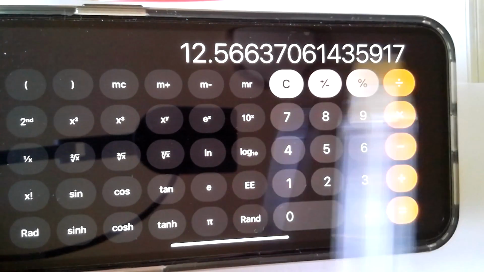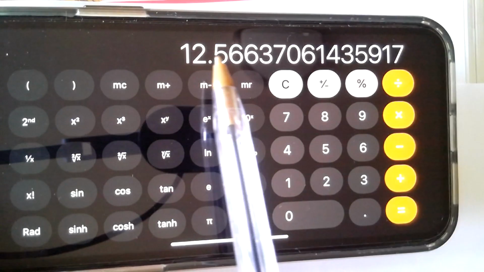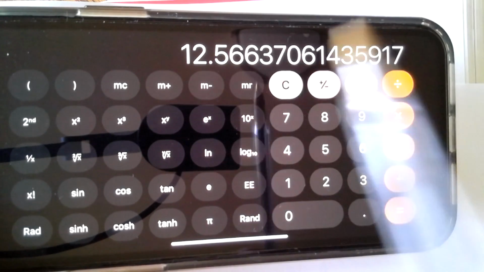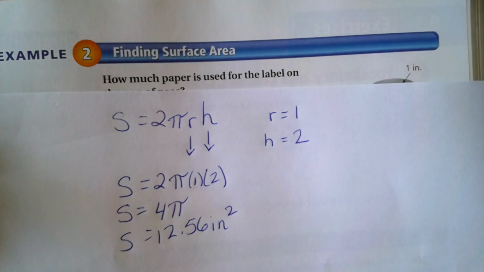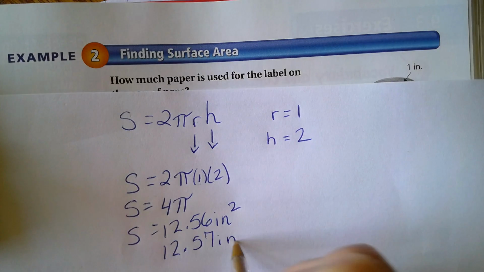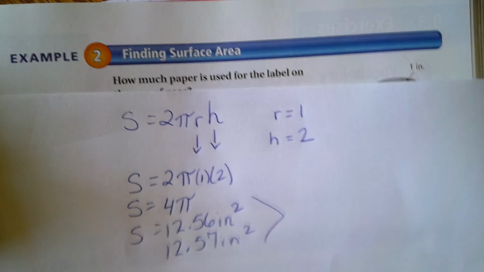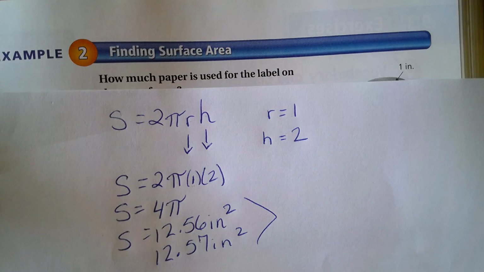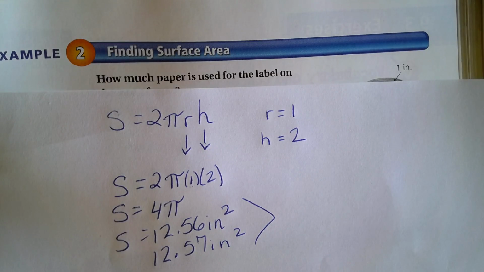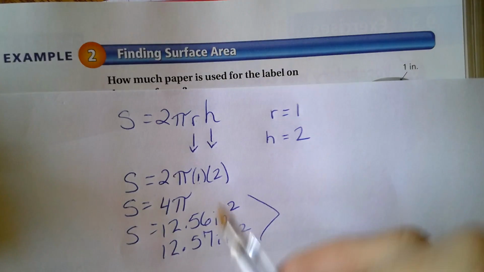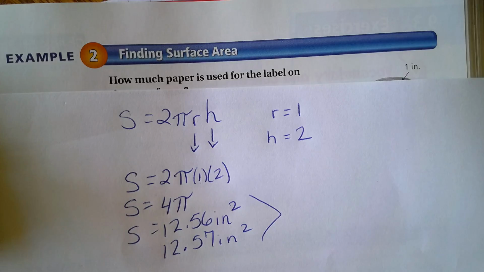But we're going to round to the nearest hundredth place, so it's 12.57. So really it's very close, right? If we use the pi button, either one would be acceptable. But in the directions, when you take your quiz or test, we will tell you whether you can use pi in your calculator or please use 3.14, just so that we can have one answer. But either of these would be acceptable when finding this for your homework.